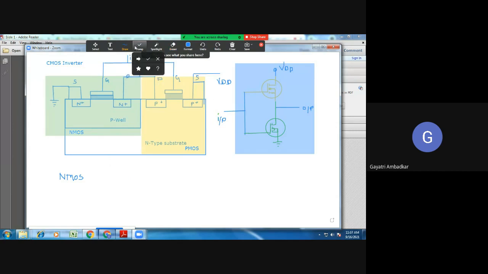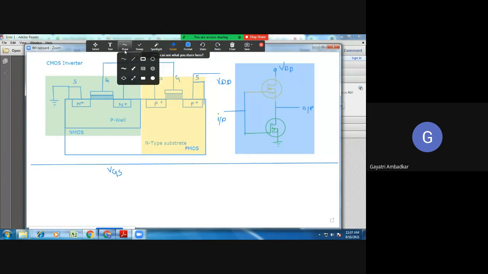If you want NMOS to be conducting, what should be the value of VGS? Remember, VGS, that is gate voltage, is measured with respect to source. If you want this NMOS to conduct, VGS must be positive.